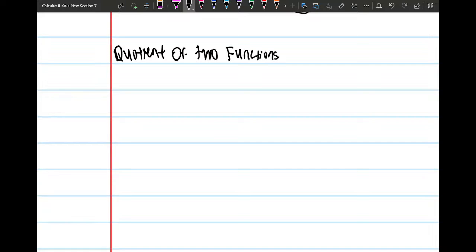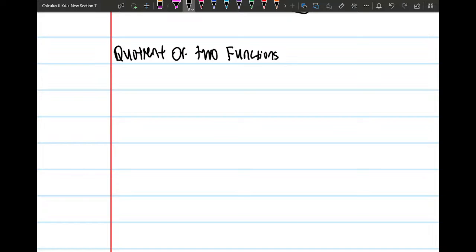Okay, and now one of the last things, we're almost done. Basically, I want to go over the idea of doing the division or the quotient of two functions. Now this one is different.